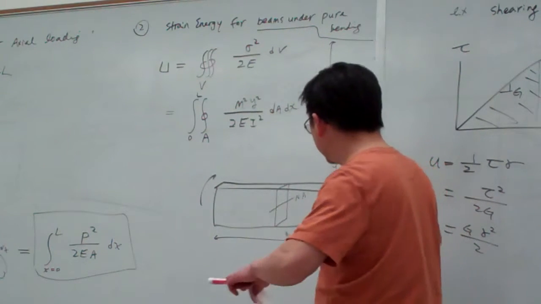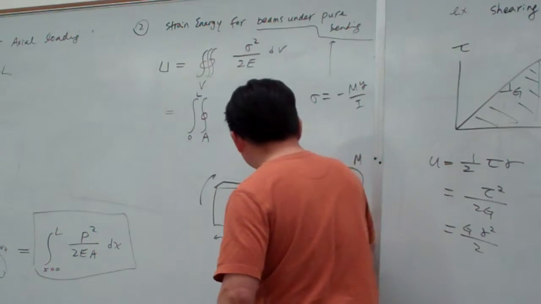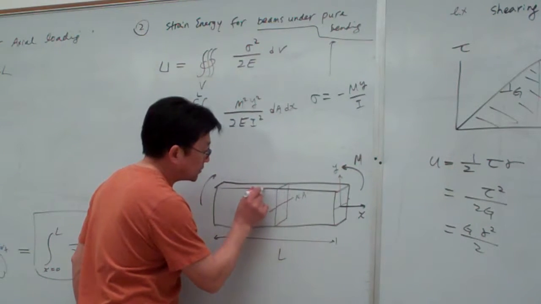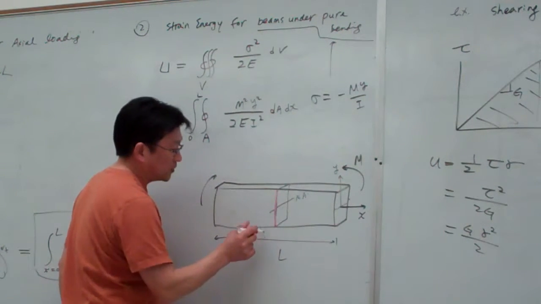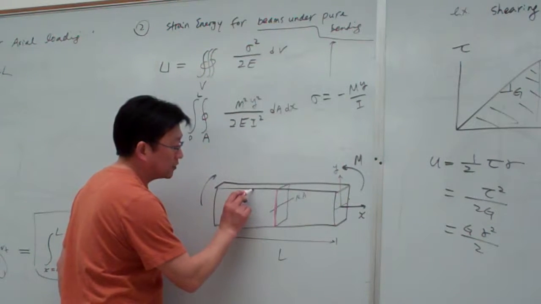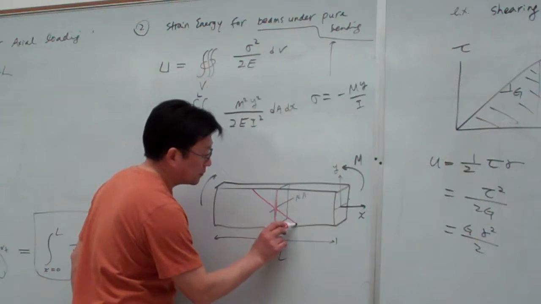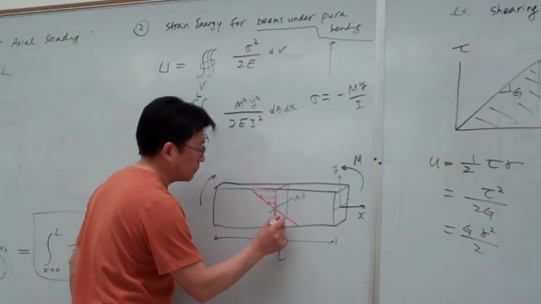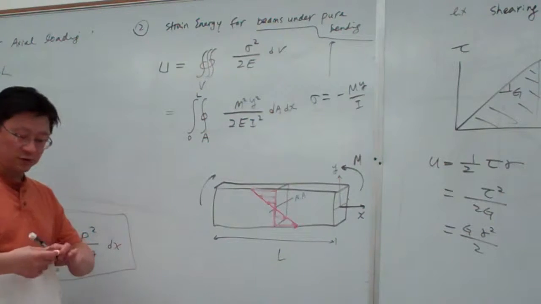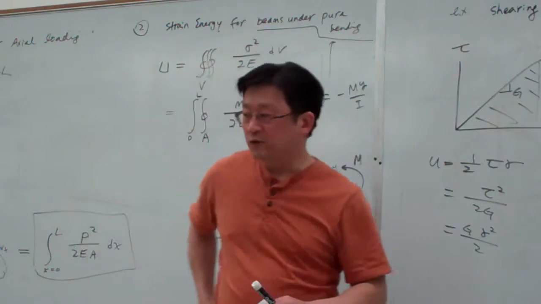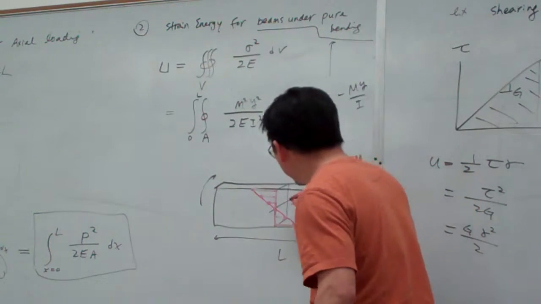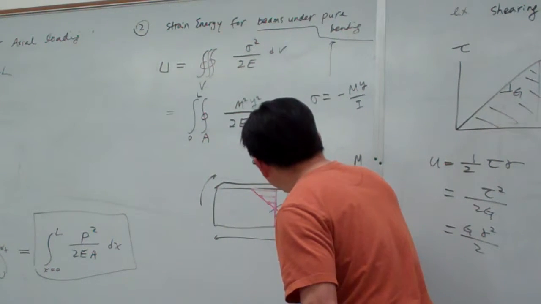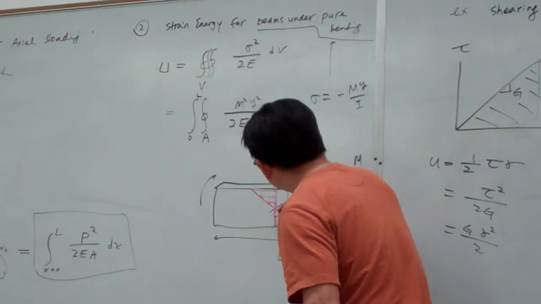The distribution should be like this on this side. So if we want to integrate, we have to integrate the area strip by strip, which means at this level, we think about this as our dA.